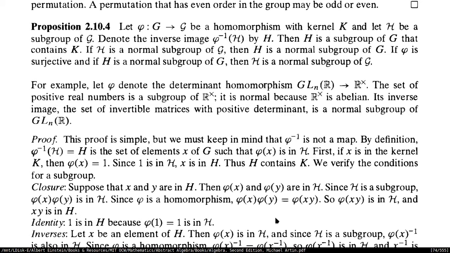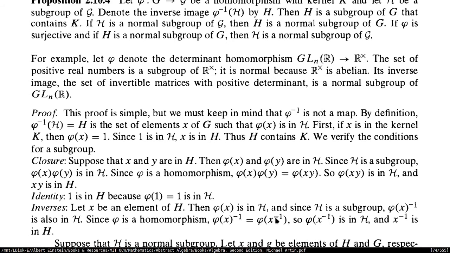Since the identity is included in the subgroup curly H, x is also in there, thus H must contain the kernel. Then you have to prove that it is actually a subgroup.